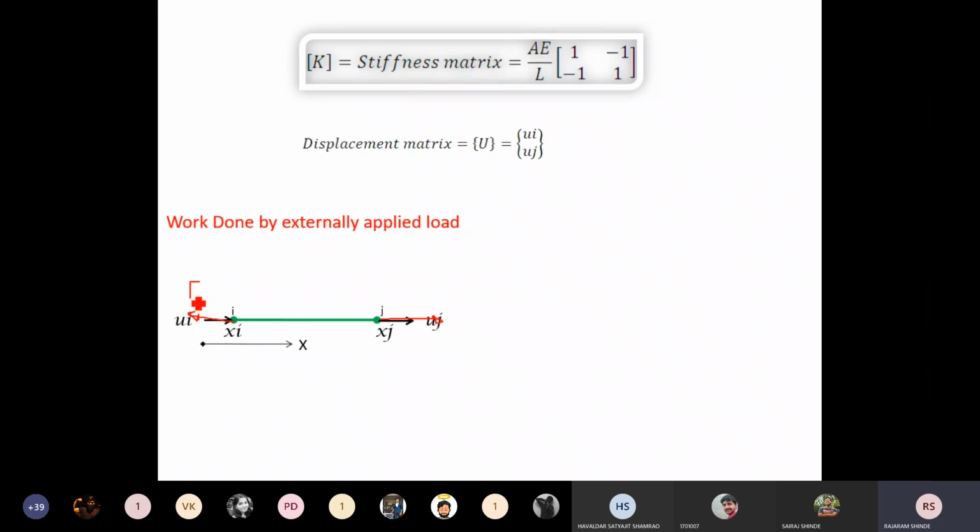This is your Fi and this is your Fj according to our problem definition. These are the two forces, and under these forces your node i is displacing with ui displacement. Node j is displacing with uj displacement. Therefore, work done because of this Fi is a force into displacement. It is Fi into ui. Work done because of this force Fj, it is Fj into uj.